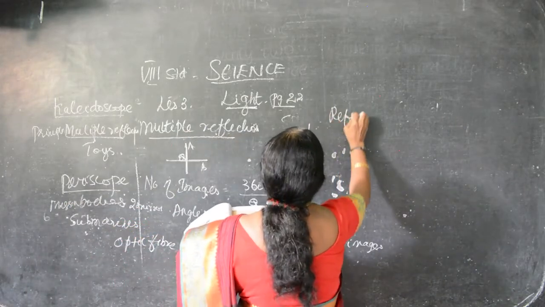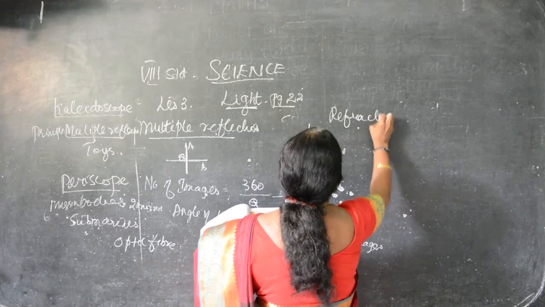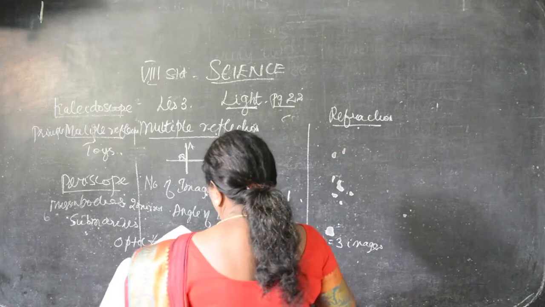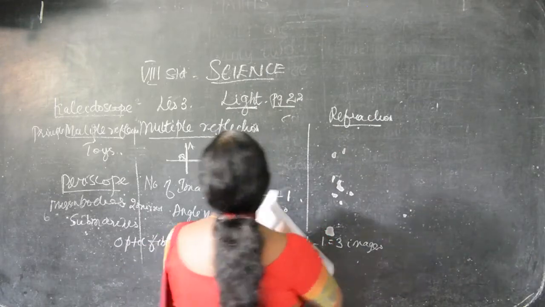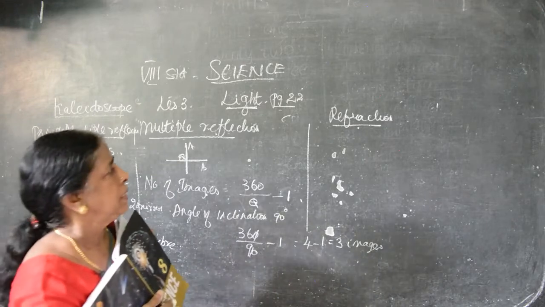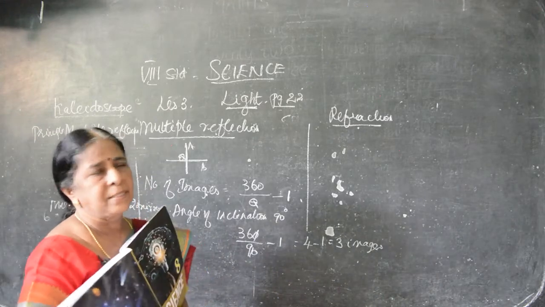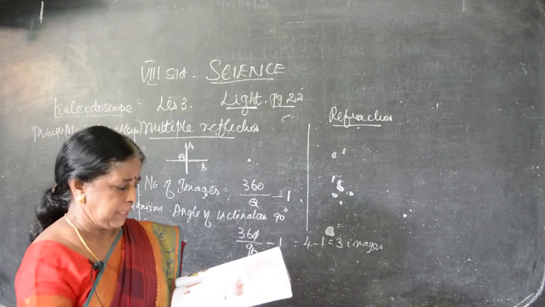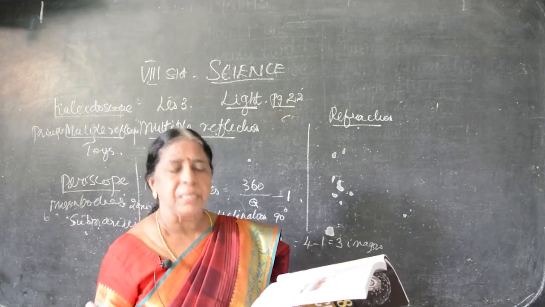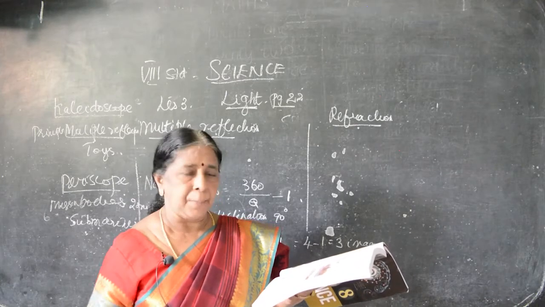Here also the laws are the same. This is reflection from a regular polished object; irregular objects give irregular reflection. Now refraction: on page number 29 the definition is given, in the second paragraph.